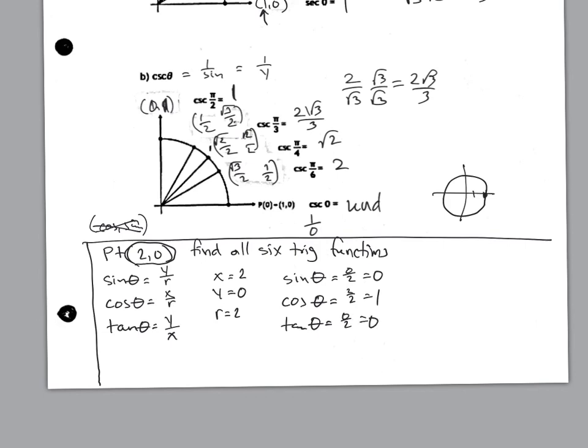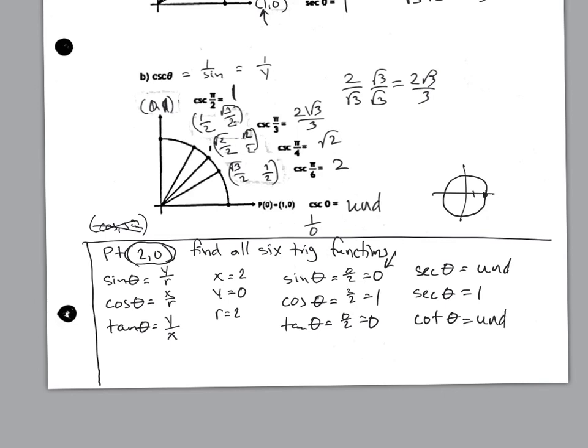Now, it's easy to do the others because I'm just going to do the reciprocal. Cosecant is the reciprocal of the sine, secant is the reciprocal of the cosine, and cotangent is the reciprocal of the tangent. Reciprocal of 0, undefined. Reciprocal of 1 is 1, and reciprocal of 0, undefined.